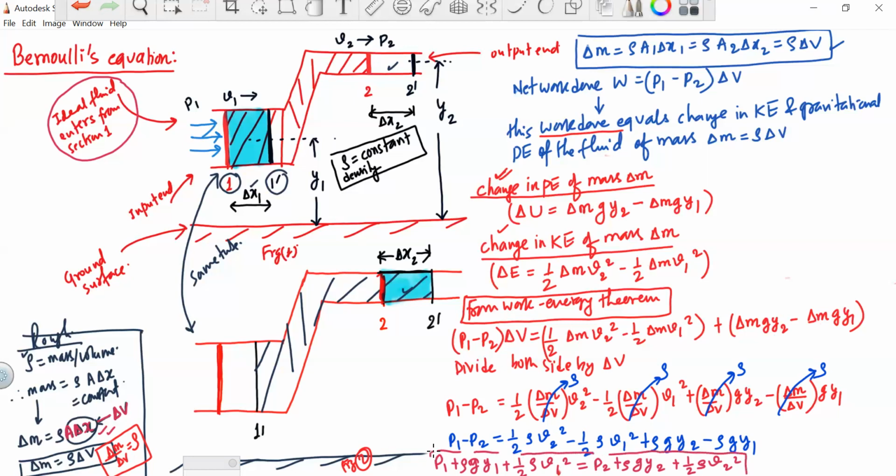So this is the required expression, and we have to generalize this.